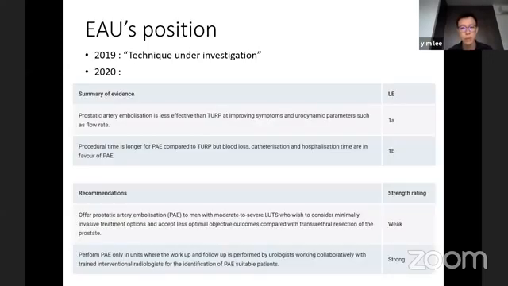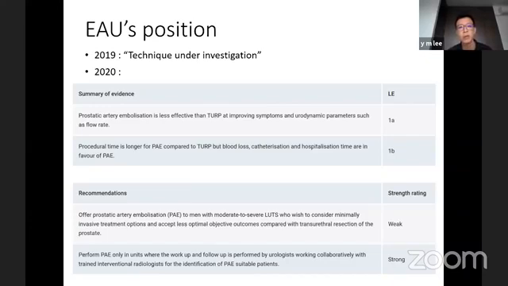What about the EAU? When I first looked at this last year, it classified PAE as a technique under investigation. But 1 year later, it has updated its stand, and it acknowledges that PAE is less effective than TURP in terms of improving symptoms and in terms of urodynamic parameters such as the Qmax.